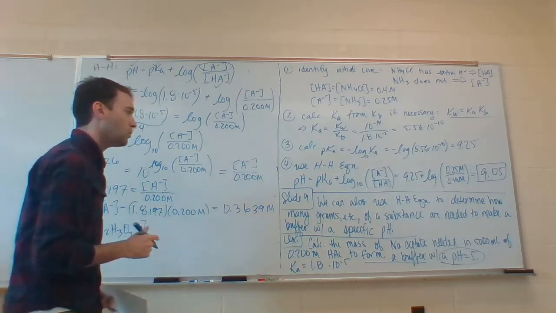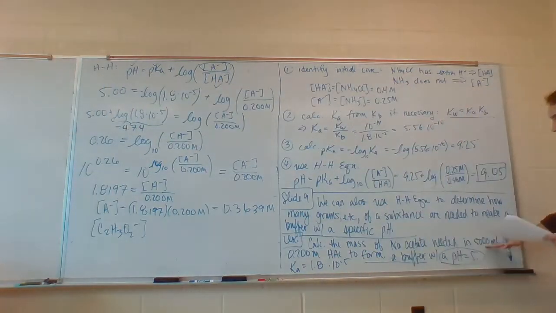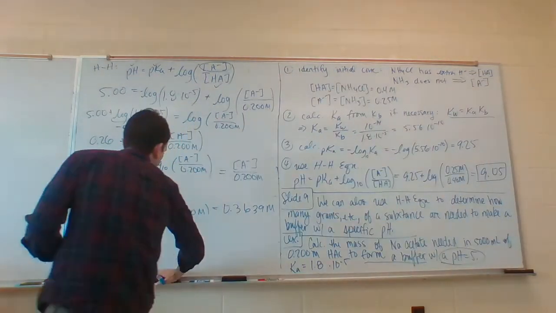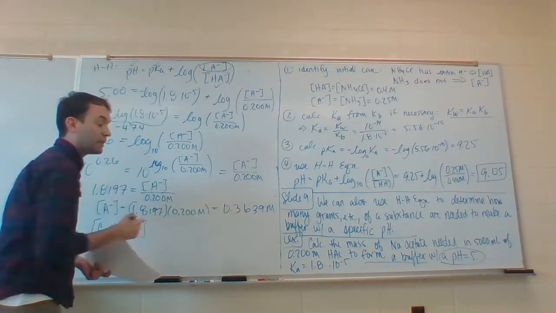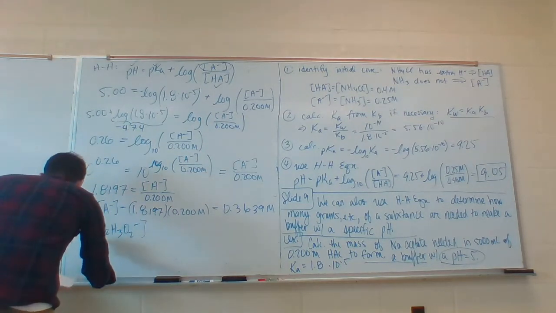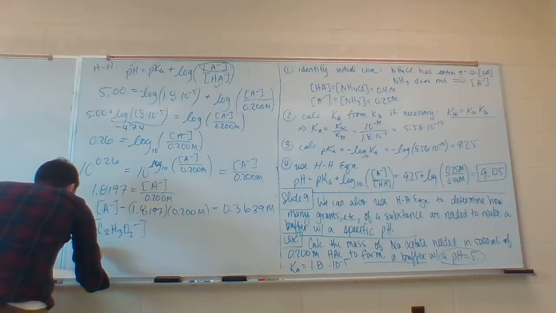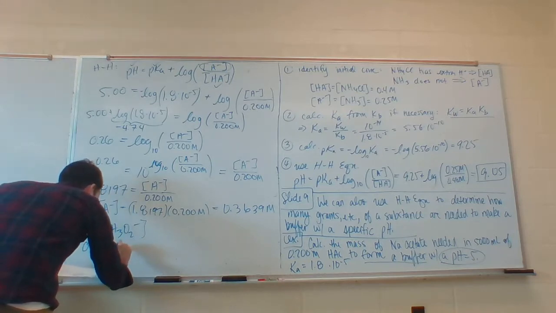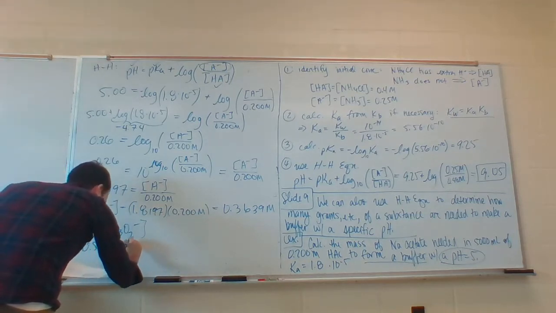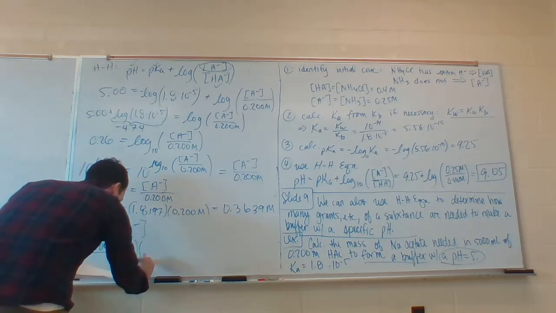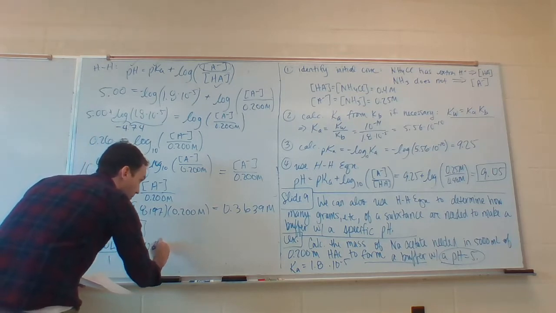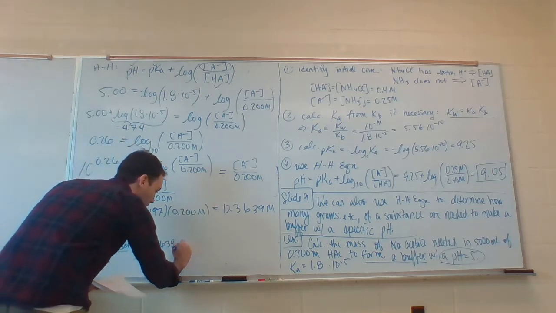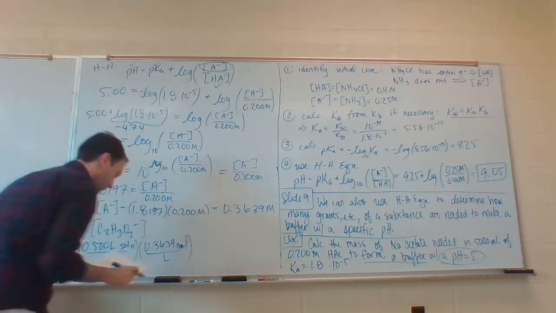Okay. Now, we have 500 milliliters of the solution, okay? So I'm going to convert that into liters, and I'm going to use that with my molarity to get my number of moles, okay? So I have 0.500 liters of the solution, and I'm going to multiply that by my concentration, which was the 0.3639 moles per liter, okay?